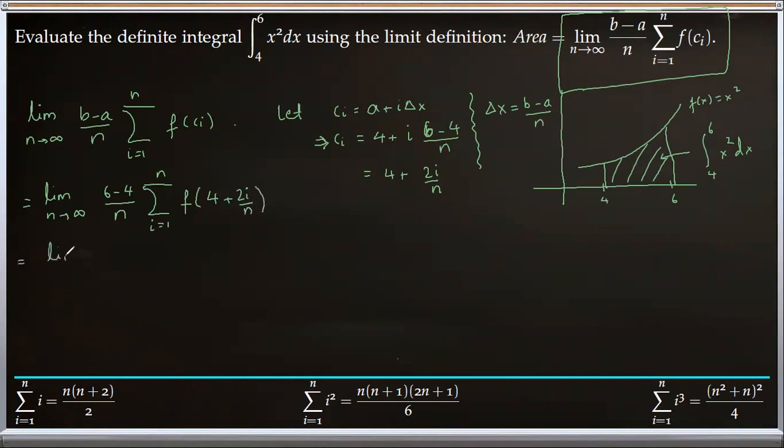Now this becomes the limit as n goes to infinity of 2 over n, sum i equals 1 to n. And we know f of x is x squared. So f of (4 plus 2i over n) is (4 plus 2i over n) squared.